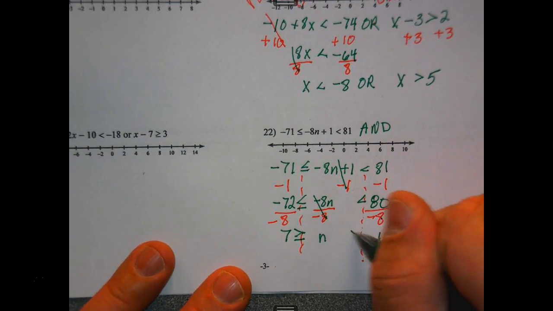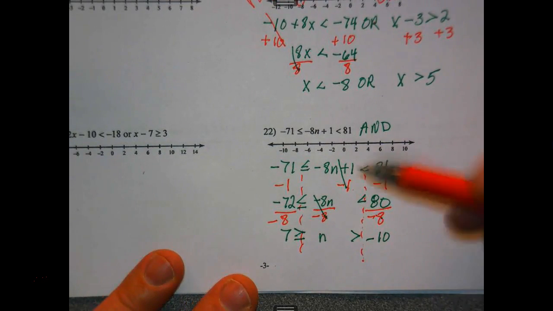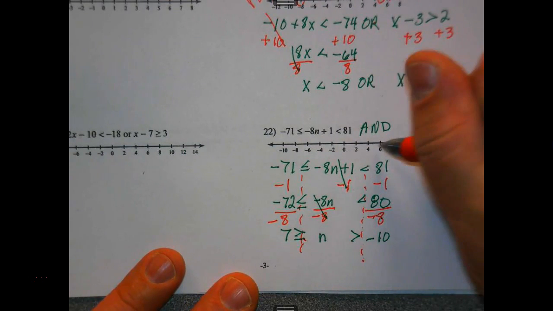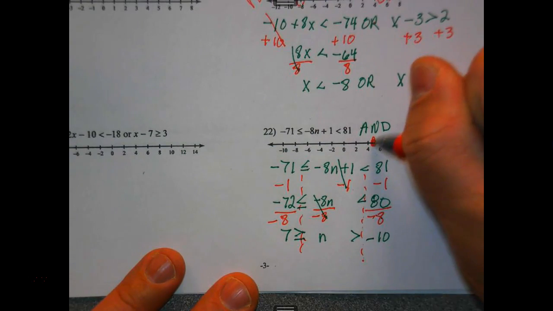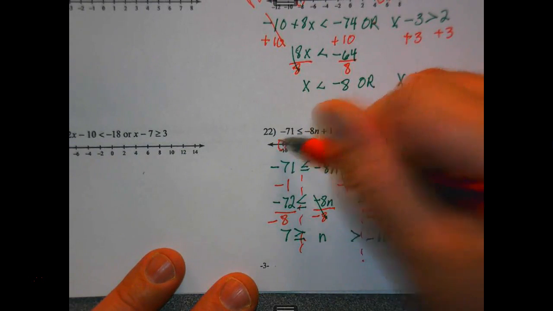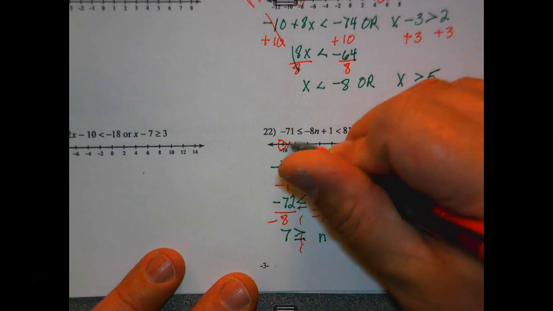I have to flip the sign. Let's see, 9 gets a closed circle because of the equal sign. Negative 10 gets an open circle. This is an and problem, so I'm going to shade in between.